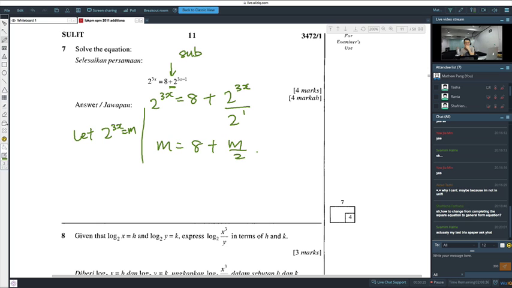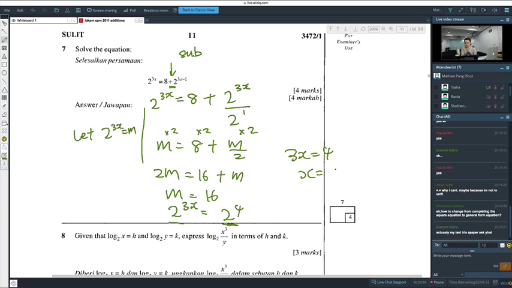I just want to solve this equation. I will multiply by 2 for every single term. So this is 2m equals 16 plus m. That means m equals 16. What is my m? My m is 2 power of 3x. What is 16? 16 is 2 power of 4. Whenever they have the same base, we can compare their powers. So I know 3x equals 4.